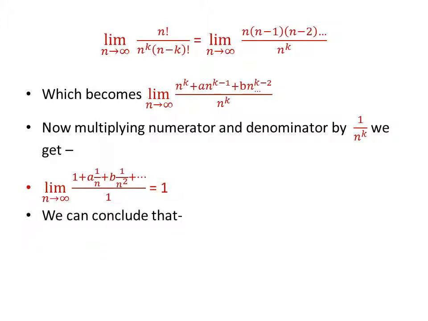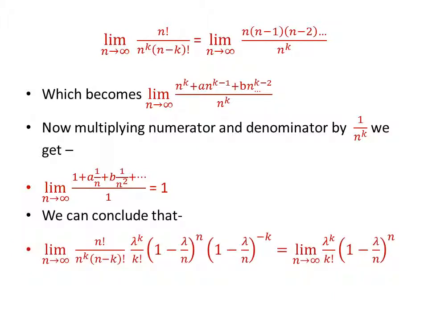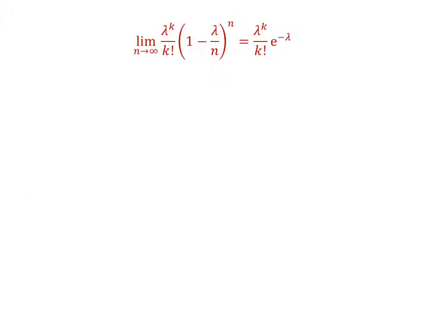which of course is 1. Therefore we can conclude that the limit as n approaches infinity of our entire expression can be simplified to this limit here, lambda to the k power over k factorial times 1 minus lambda over n to the nth power, which delightfully becomes the limit as n approaches infinity of lambda to the k power over k factorial times 1 minus lambda over n to the n power.